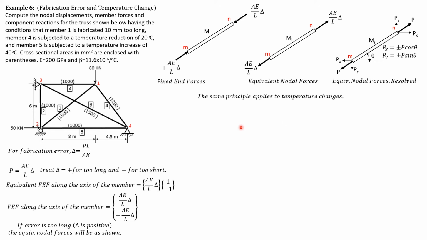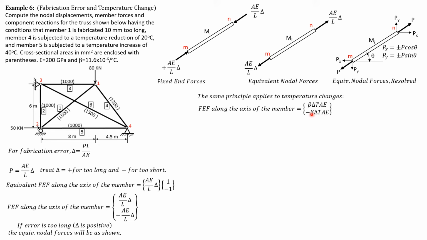So we have to multiply the fixed end force, which is given by beta delta T times AE, where delta T is positive if the temperature is increased, then negative if the temperature is reduced. So fixed end forces along the axis of member would be beta delta T AE after we multiply 1 and negative 1.